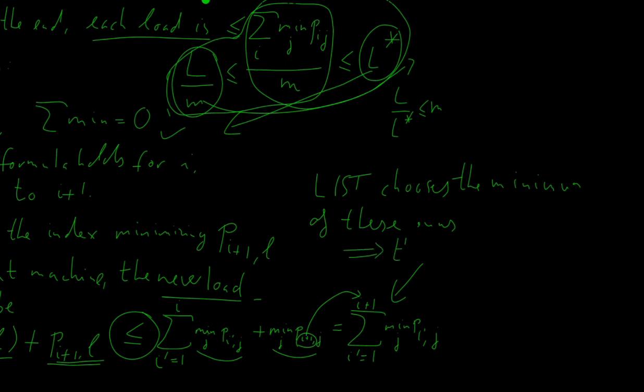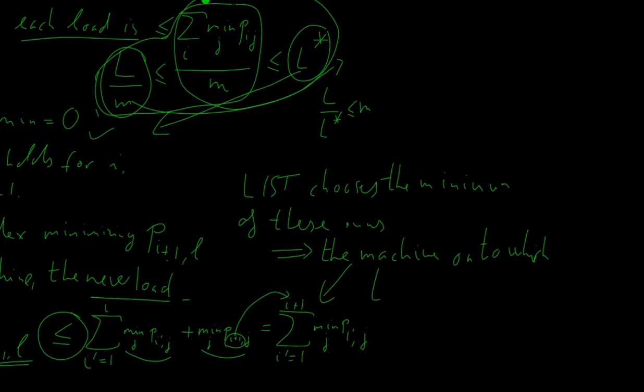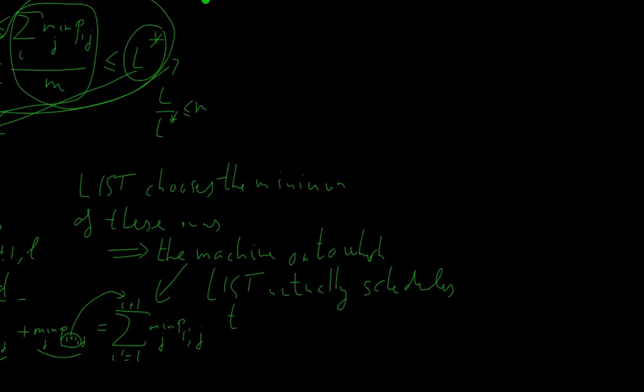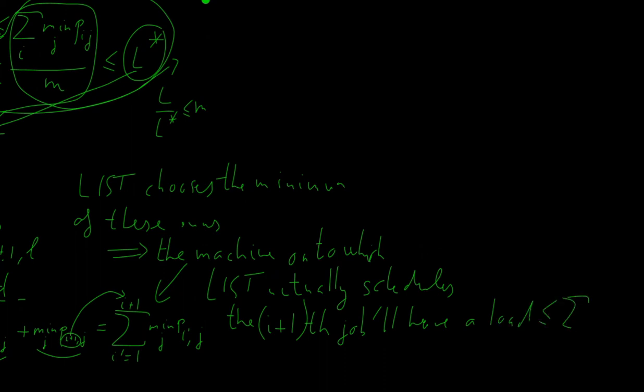So the machine onto which list actually schedules the i plus 1 job will have a load smaller than the sum of the minima.